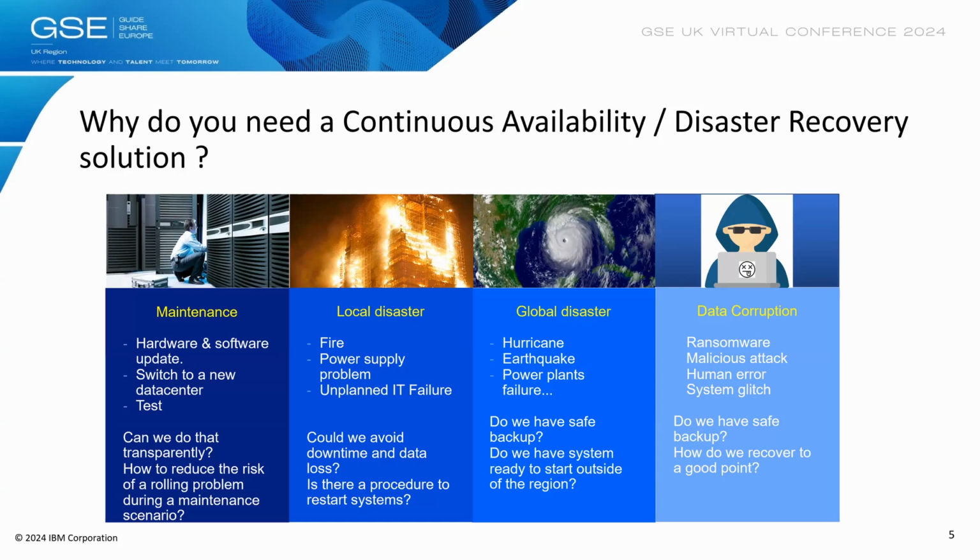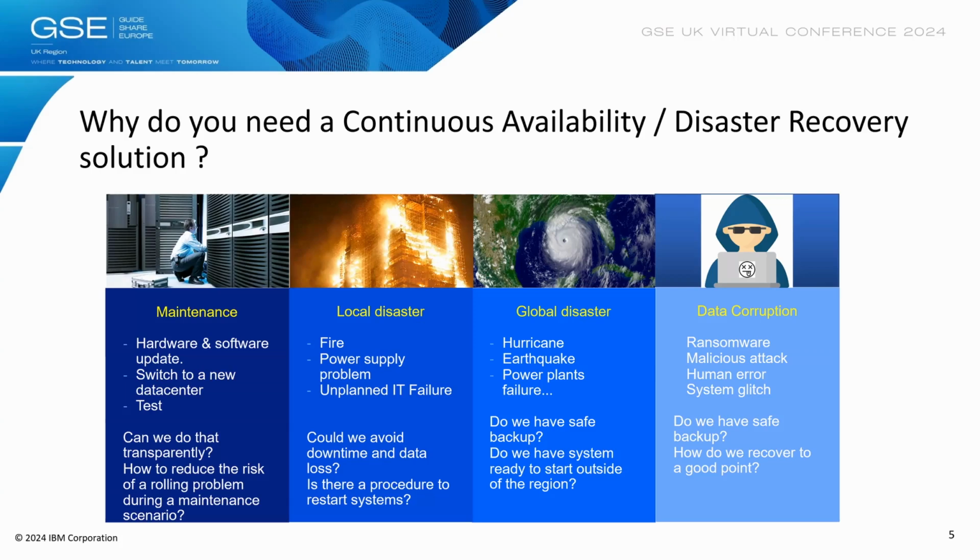There are also local disasters that could cause damage to a specific piece of hardware or software, such as a disk failure, a system failure, and so on. That could also be an issue affecting your local infrastructure, such as a fire or a power failure. And in such a case, could we avoid downtime and data loss? And if the disruption cannot be avoided, what procedure are you using to recover from such a disaster?